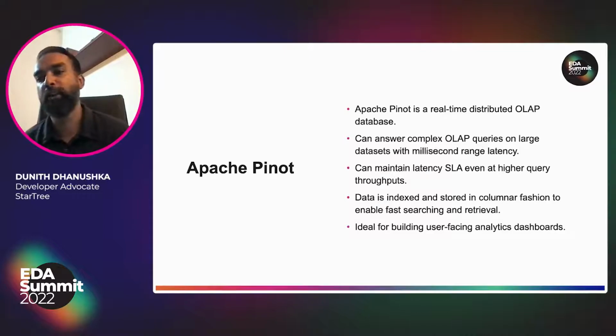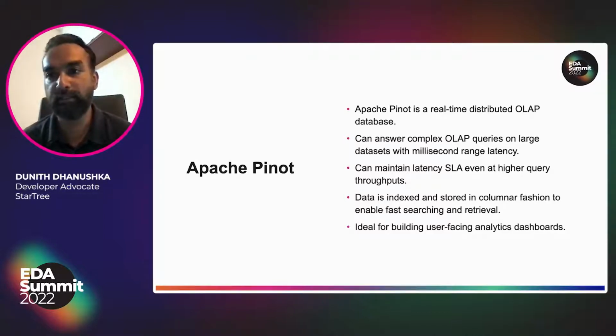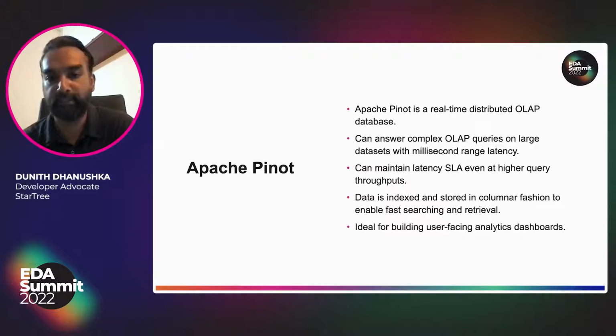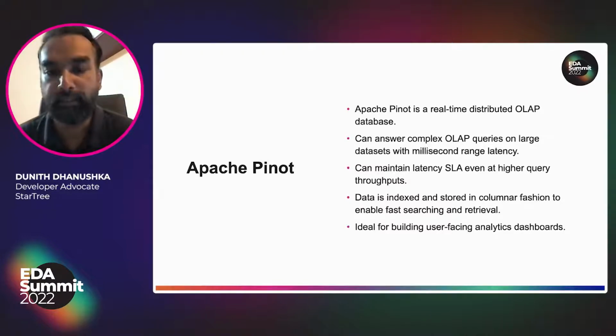That means if you have billions of users concurrently accessing Pinot, it can serve each one's queries with millisecond range latency. Also, Pinot brings in built-in indexing strategies to make querying and retrieval faster.